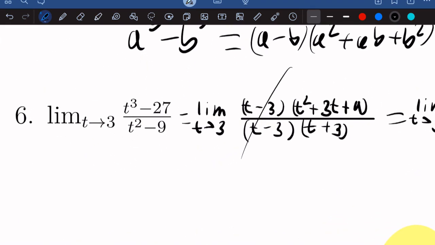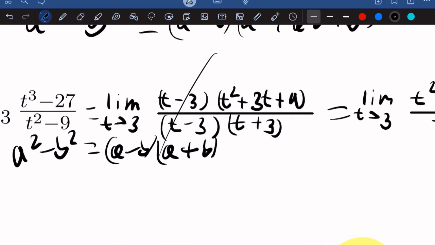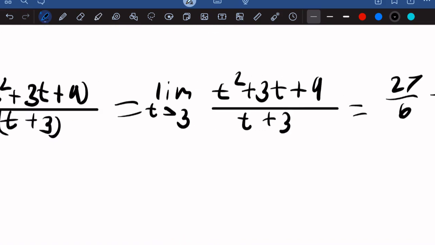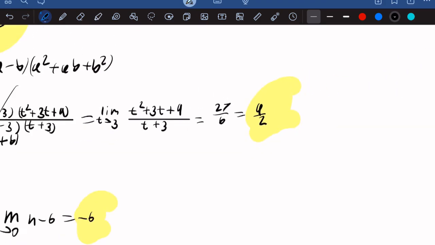And for the bottom, a squared minus b squared equals a minus b times a plus b. The t minus 3 gets canceled out, and you're left with the limit as t approaches 3 of t squared plus 3t plus 9 divided by t plus 3. After simplifying, you get 9 over 2.